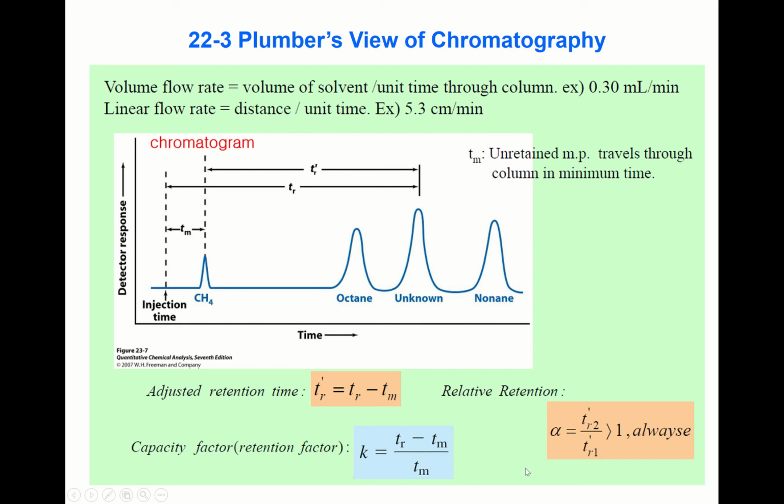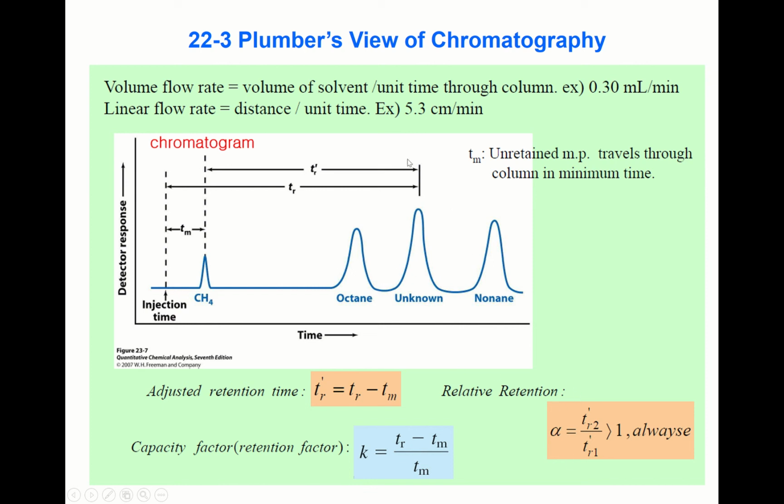Then relative retention is defined by the symbol alpha, which equals the ratio of adjusted retention times. For example, this one is Tr2 and this is Tr1. It is always greater than 1, or equal to 1 if Tr1 is Tm.